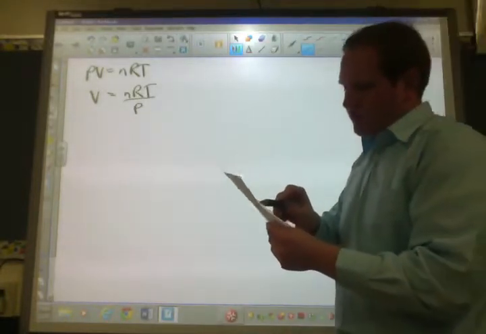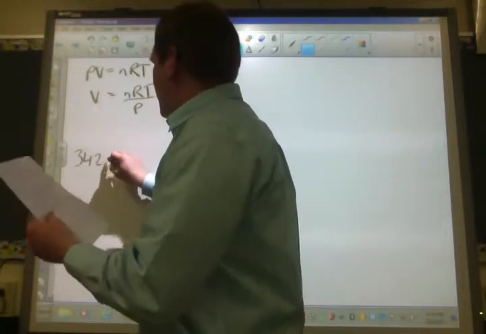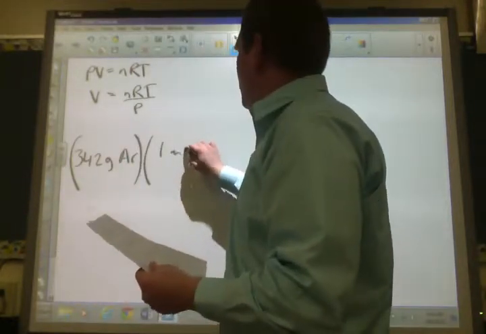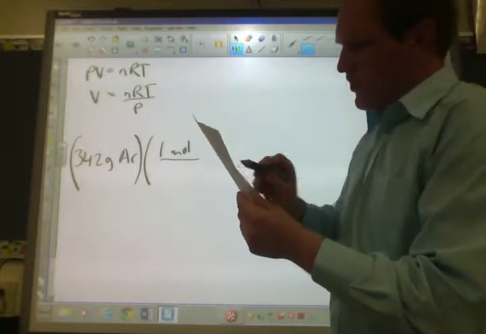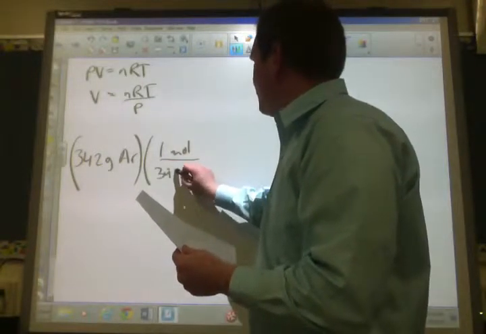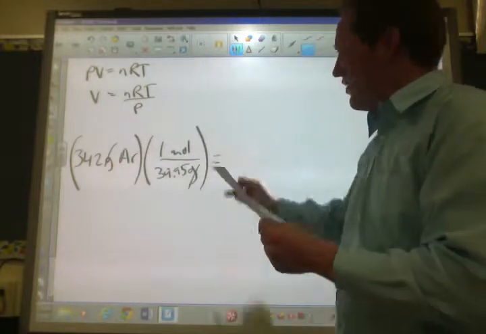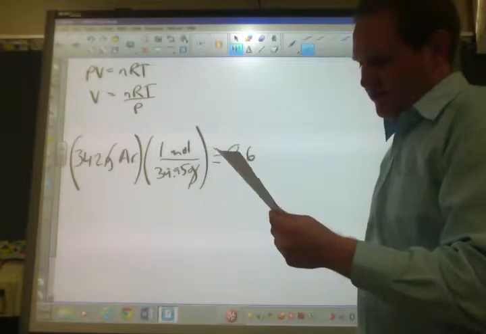So let's go grams to moles. 342 grams of argon times 1 mole over the molar mass of argon, which is 39.95 grams. Gram cancels gram. That gives us 8.6 moles.